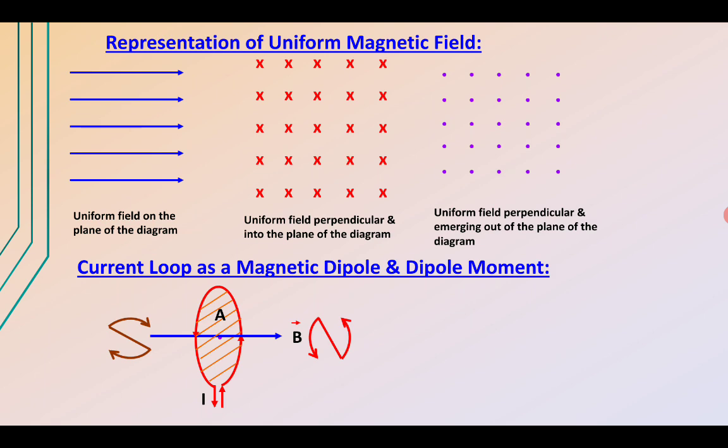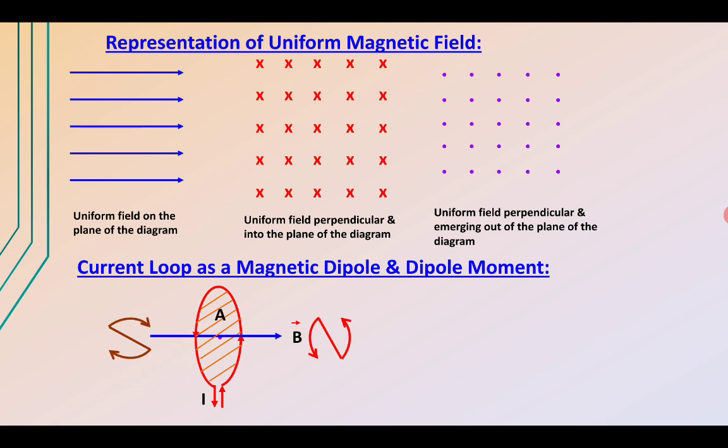You can see from this figure that for this face the current is anti-clockwise, so this face behaves as the north pole, and for this one the current is clockwise, so this face behaves as the south pole.